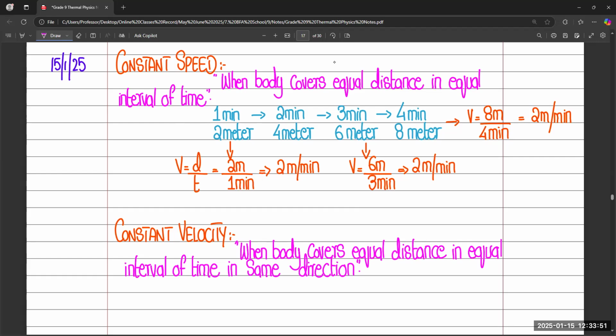Now, consider another situation, for example if you are taking a U-turn, right? When we are taking a U-turn, what do you think about the direction? Is direction constant or is direction changing while we are taking a U-turn? It's changing, right? So you can say that velocity is not constant.